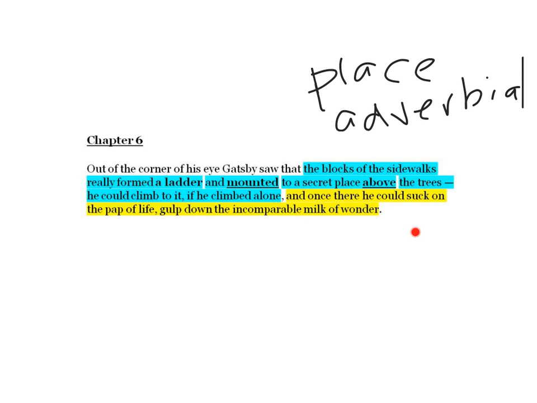If you remember, yellow is materialism with a sense of rivalry. So once Gatsby has attained this woman who represents higher social mobility, once there he could suck on the pap of life, gulp down, so suck and gulp the incomparable milk of wonder. You get an idea of gluttony there.